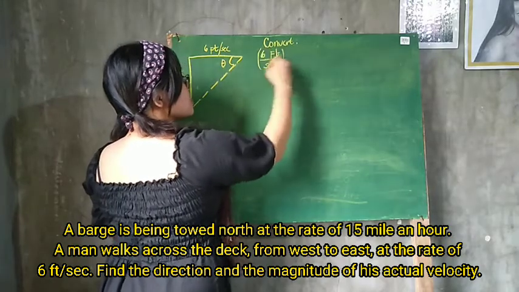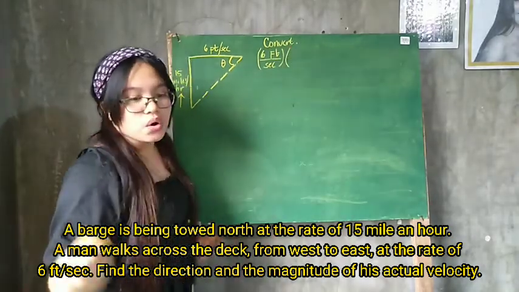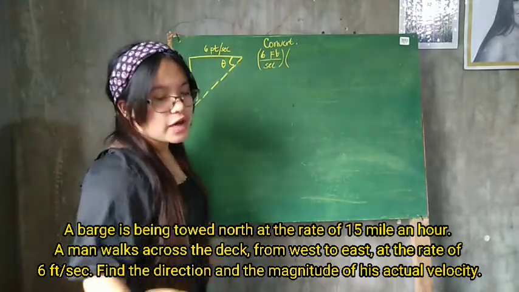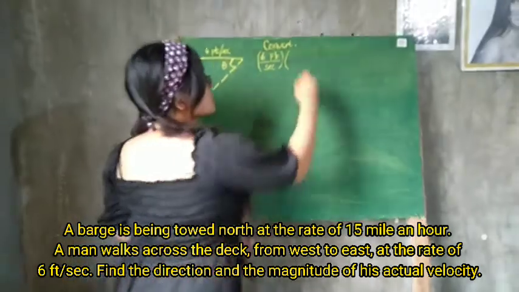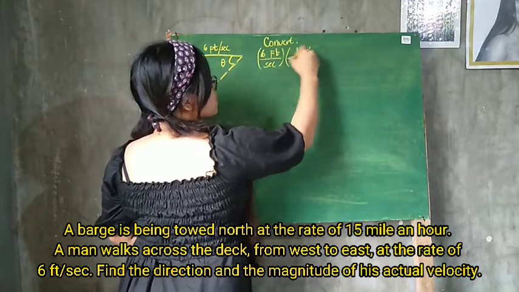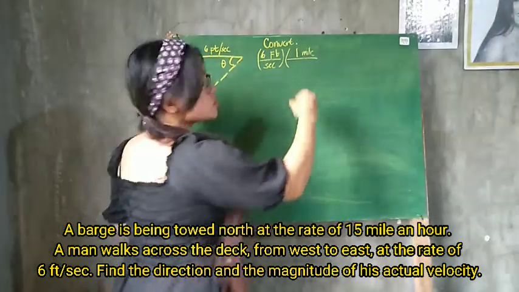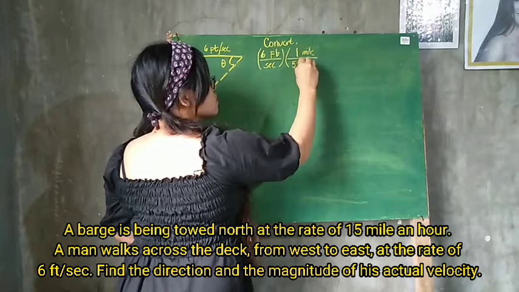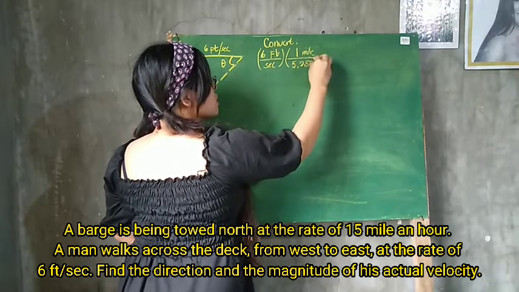Let's multiply by 1 mile over 5,280 feet, because 1 mile is equal to 5,280 feet.